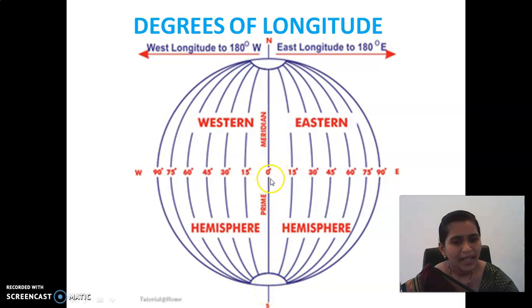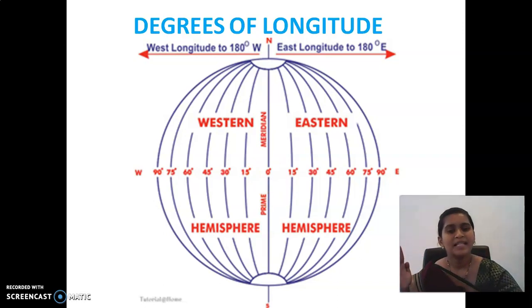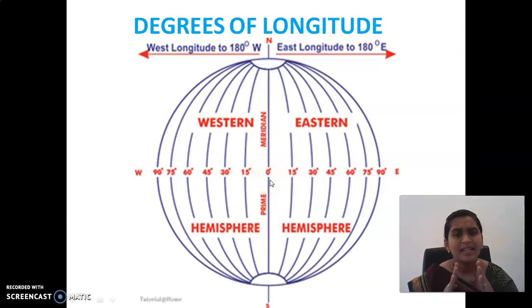This 0-degree longitude, we'll call it the prime meridian. Guys, remember, 0-degree longitude, we'll call it the prime meridian. So this prime meridian divides our earth into two equal halves.